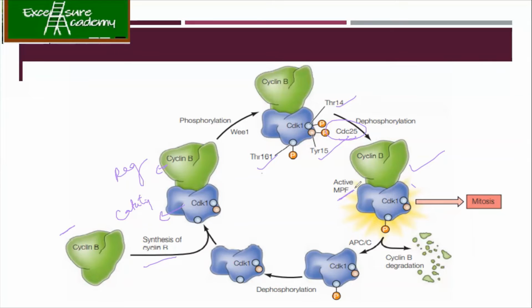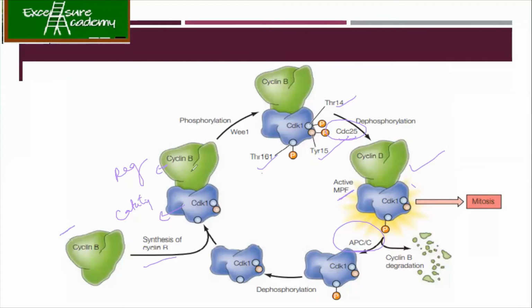After mitosis, cyclin B degradation gets started, and therefore CDK1 is again inactive, but it's still phosphorylated at threonine 161, and that phosphorylation is also removed. Finally it is back to the start where cyclin B is not connected but present in the cell due to other factors. And when it connects, the cycle can start all over again.